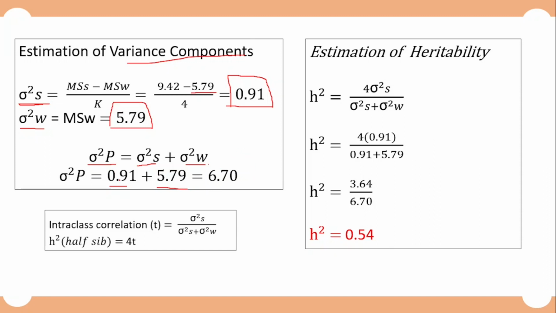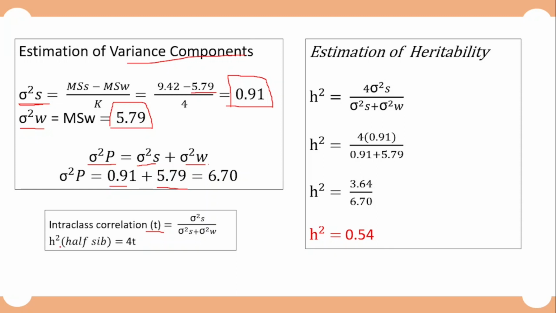Okay, so this is phenotypic variance, and as we are using the intra-class correlation method, intra-class correlation is denoted by t. The formula for intra-class correlation is sire variance divided by sire variance plus error variance. And as we are using data on half sibs, the heritability would be 4 times the intra-class correlation.